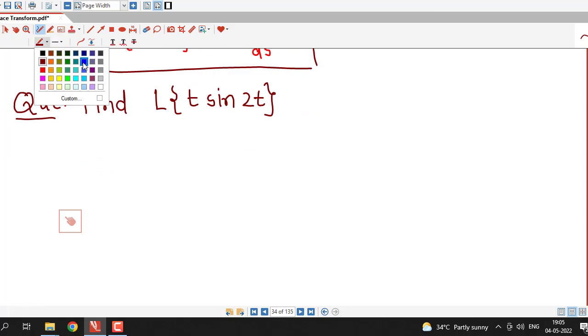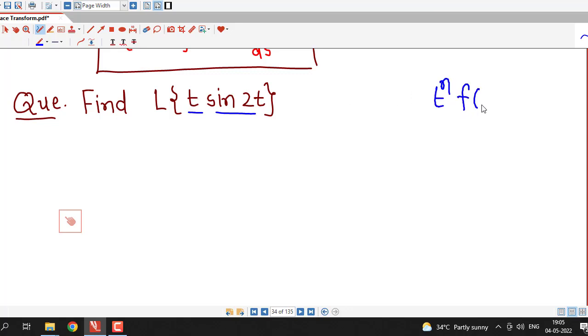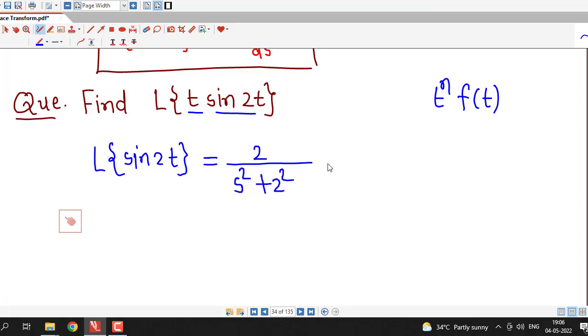Find Laplace transform of t times sin 2t. So if we compare with t raised to n times f of t, then here n is 1 and function f of t is sin 2t. So first we find out Laplace transform of sin 2t, and we have ready-made formula for the Laplace transform of sin function. It is given by 2 divided by s square plus 2 square, that is 2 divided by s square plus 4.